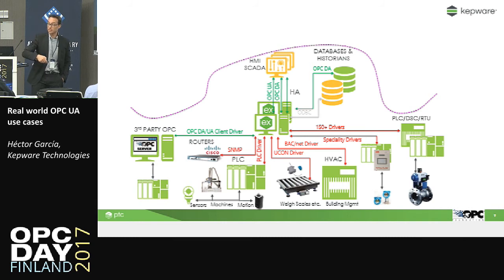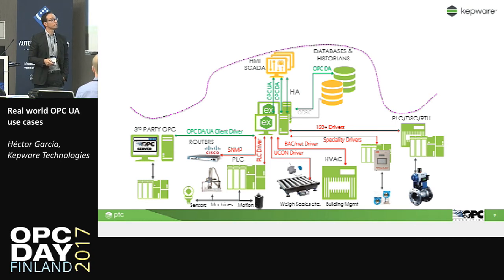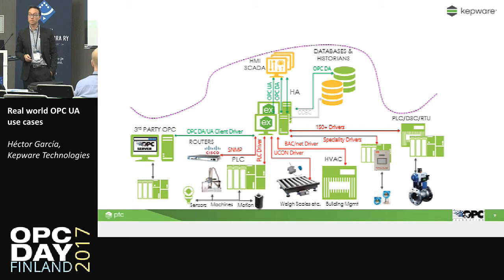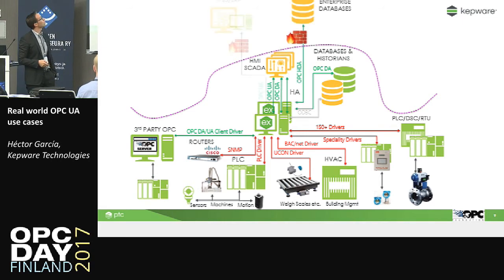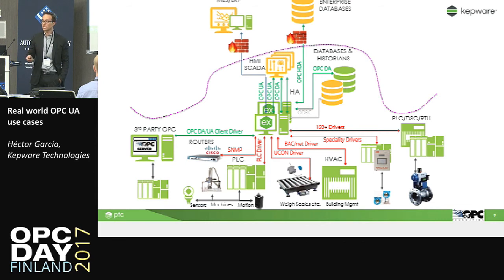Of course, nowadays, we want to send information outside our plant. Maybe we have a corporate database and we want to send information using the OPC HDA protocol, or we want to send to a corporate MES system using, for example, OPC UA.